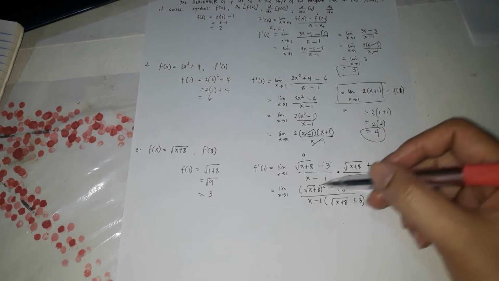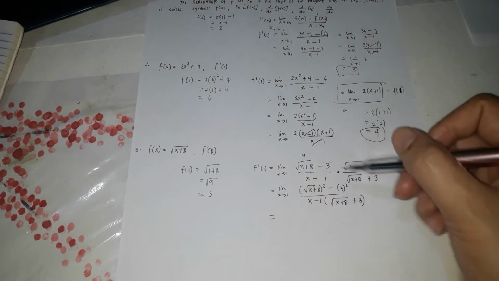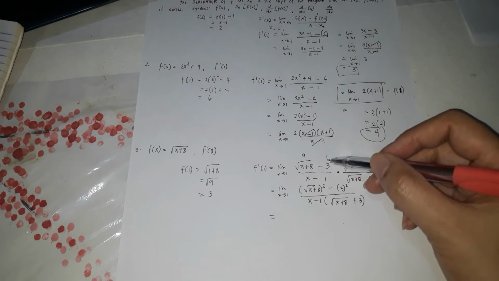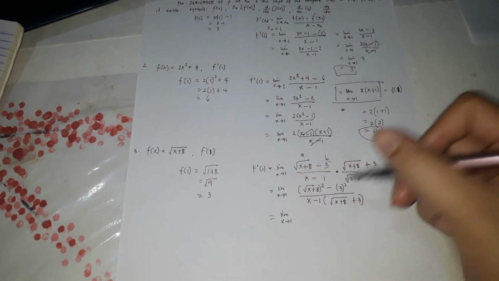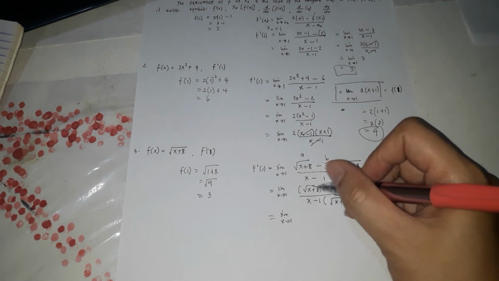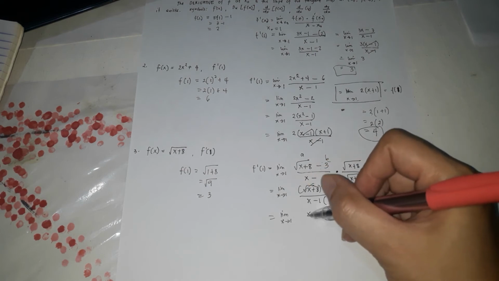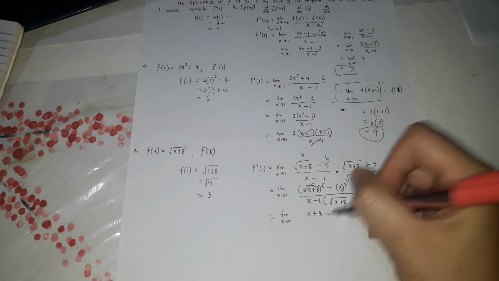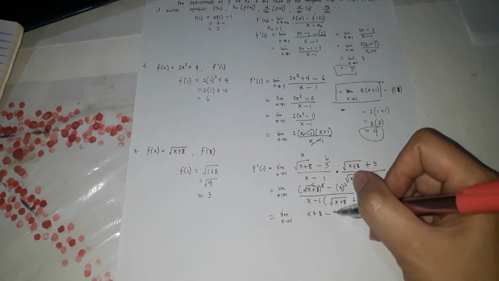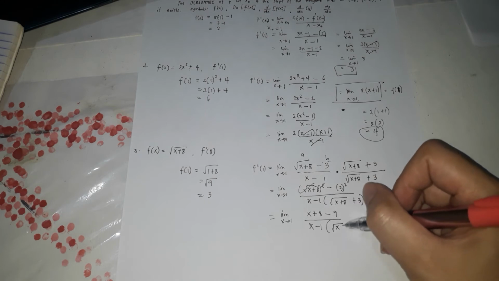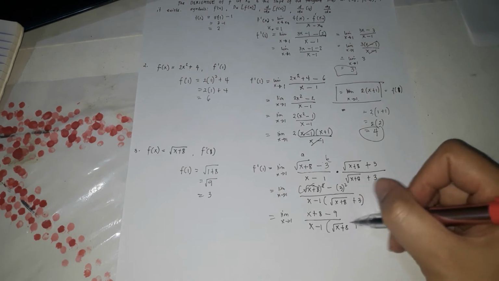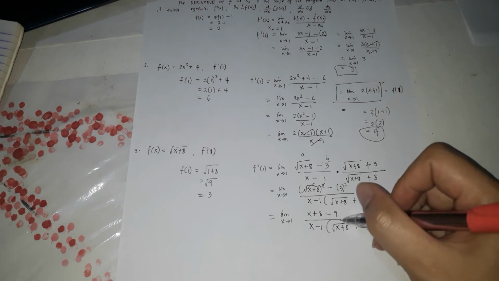So what happens above is that both of them are squared, this a and this b. So copy the limit. So what happens, cancel. What remains is x plus 8 minus 3 squared, which is 9, over x minus 1 times the square root of x plus 8 plus 3.